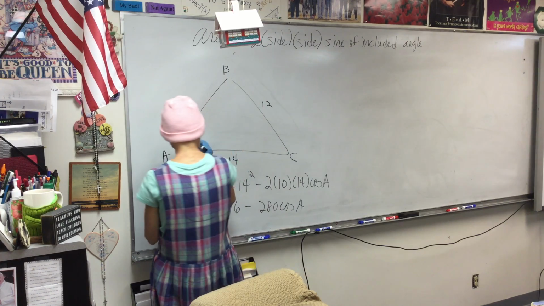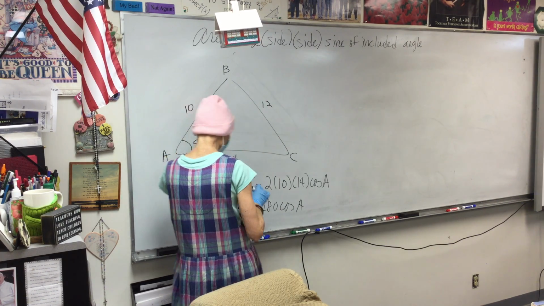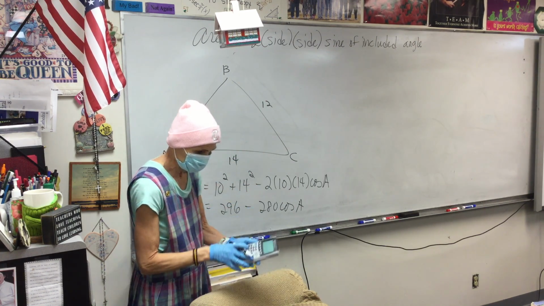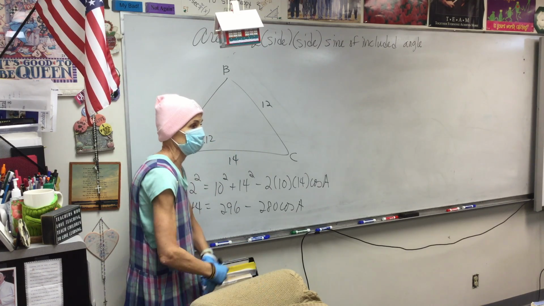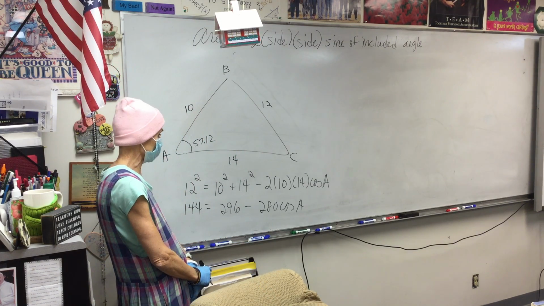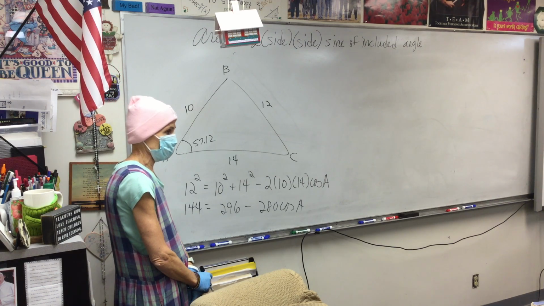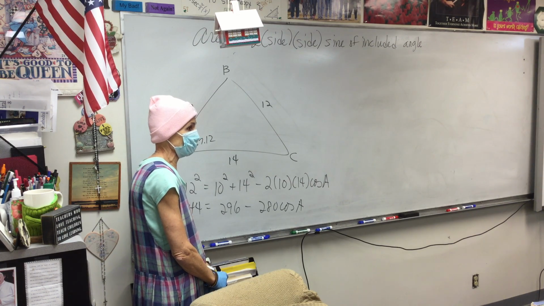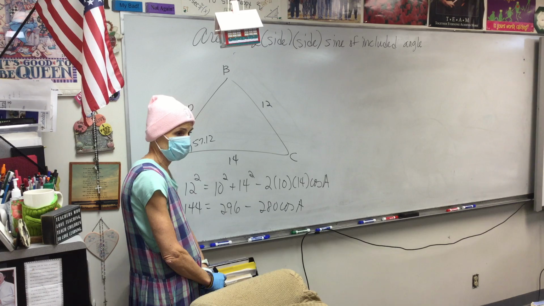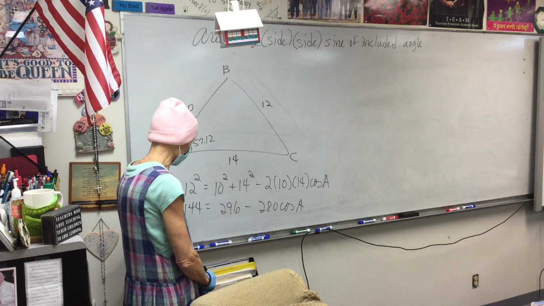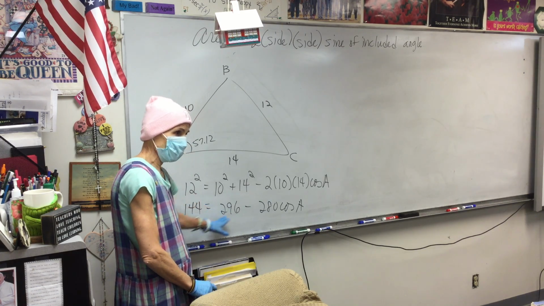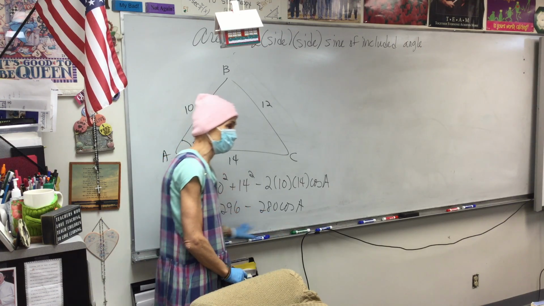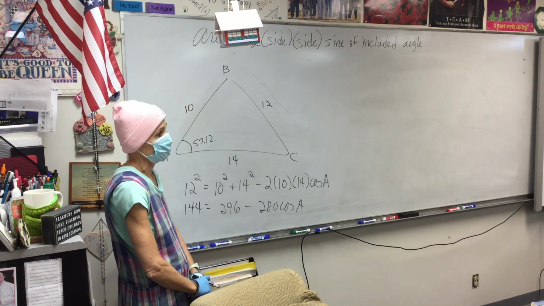I got 57.12, but I'll wait for you to confirm that for me. I want to make sure everybody can get that angle, because that's the law of cosines problem. When you subtract 296 and divide by -280, you're going to get a decimal.